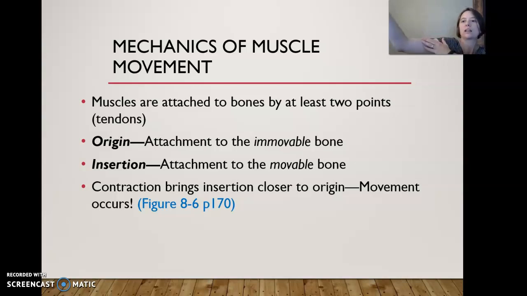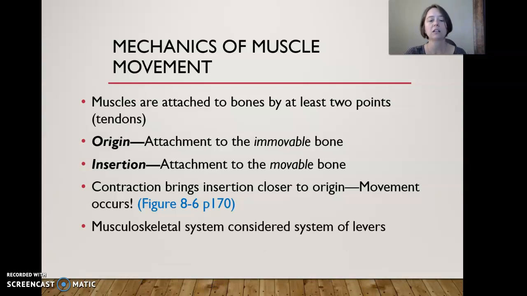And when I contract that biceps brachii and make those muscle fibers shorter, it brings the radius closer to my shoulder. You can see I can't even really fit it in the frame when I extend it.